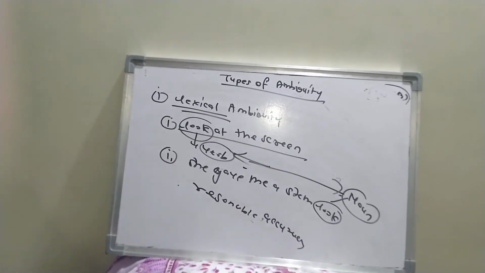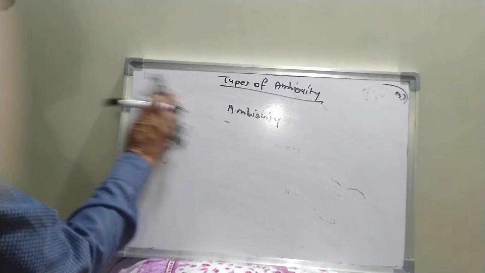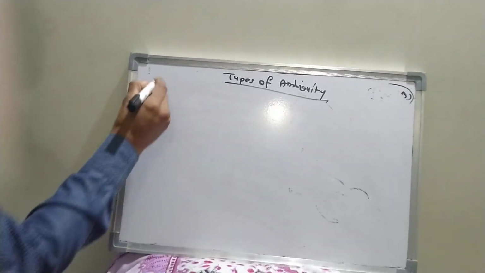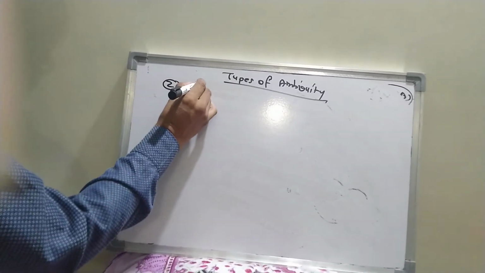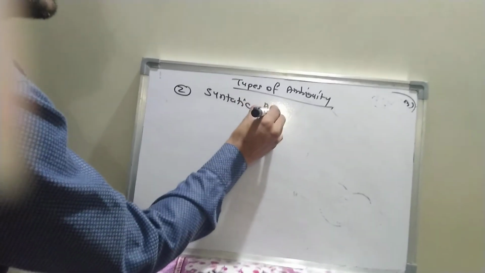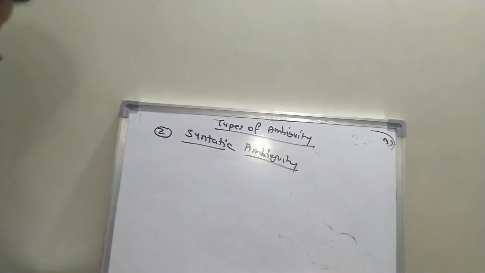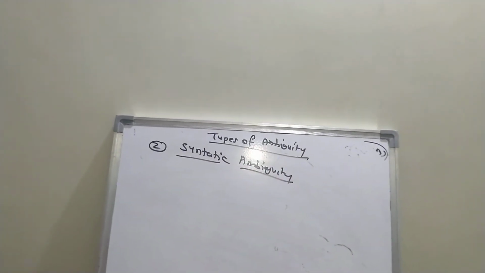Now the second type of ambiguity is syntactic ambiguity. Here let us see the example.